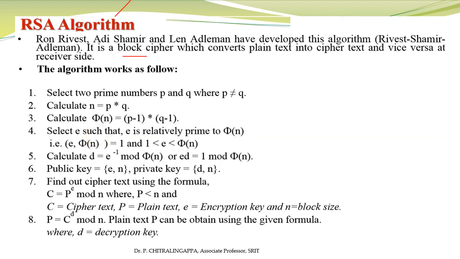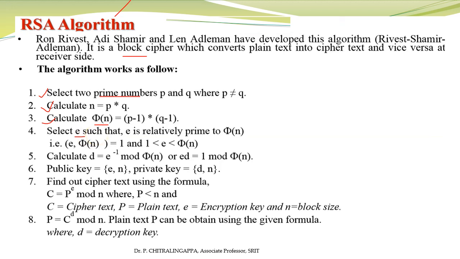This is the algorithm. By using this algorithm, we can get the values. Select two prime numbers p and q, p not equal to q, and calculate the n value, n = p times q, and calculate phi of n, which is (p minus 1) times (q minus 1). Select e, so we can get the public key.